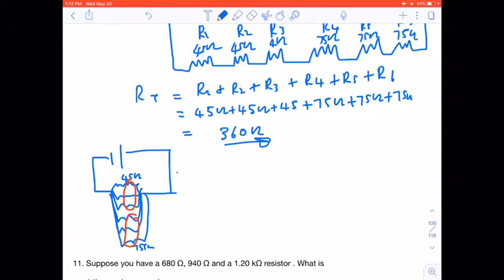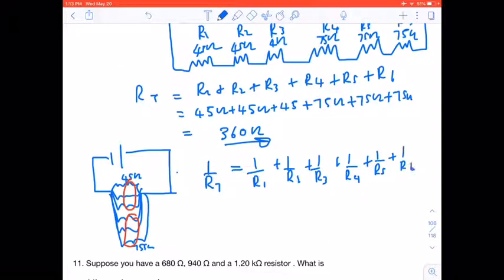So which means 1 upon R total is equal to 1 upon R1, plus 1 upon R2, plus 1 upon R3, plus 1 upon R4, plus 1 upon R5, plus 1 upon R6, right?